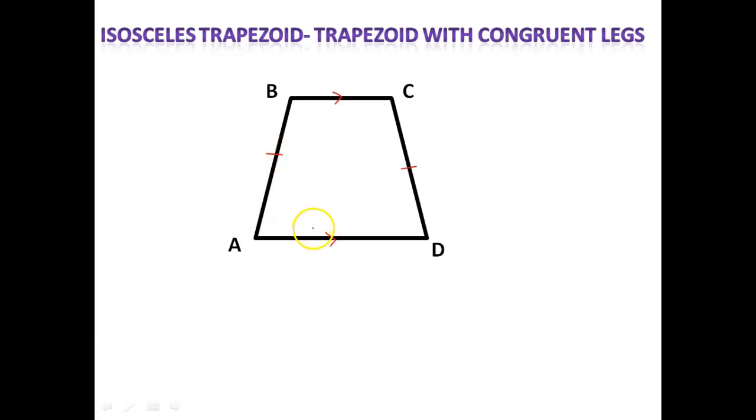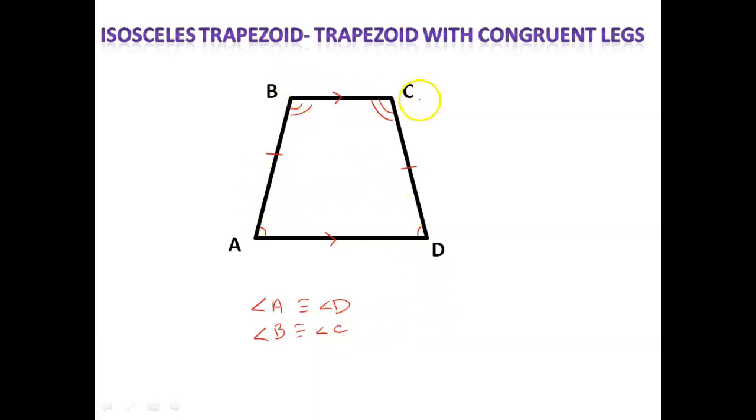Now, in an isosceles trapezoid, the base angles are congruent. So angle A and angle D are congruent. Please write that down, y'all. Angle A is congruent to angle D, and angle B is congruent to angle C. So the base angles are congruent.